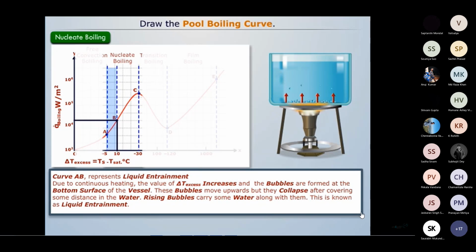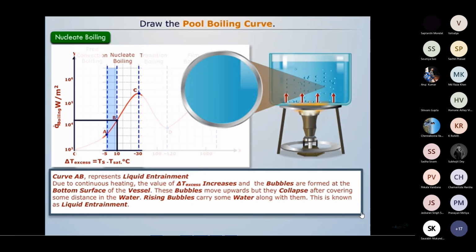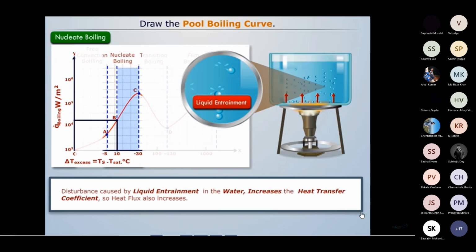These bubbles move upwards and carry some water along with them, but they collapse after covering some distance in the water. This is known as liquid entrainment. We see that the disturbance caused by liquid entrainment in the water increases the heat transfer coefficient, so the heat flux also increases.